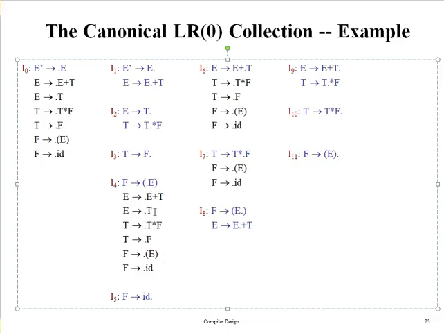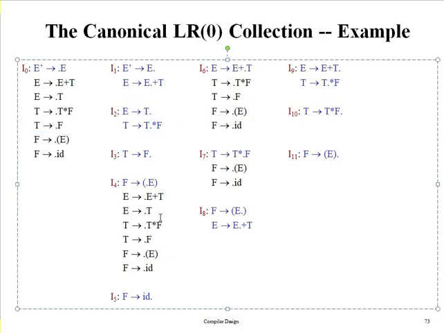Because this one, if we are trying to generate an item from this one by shifting the position of dot after T, we will just reach an item which is similar to I2, which already exists.